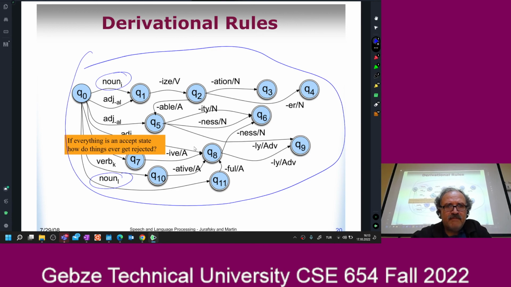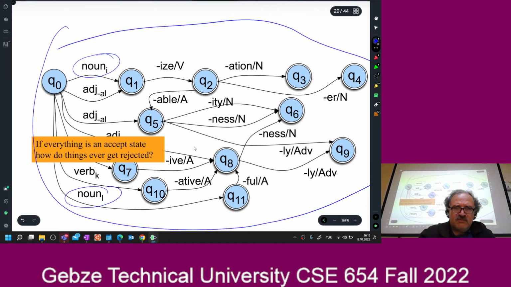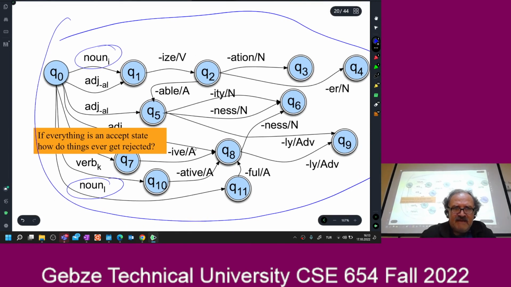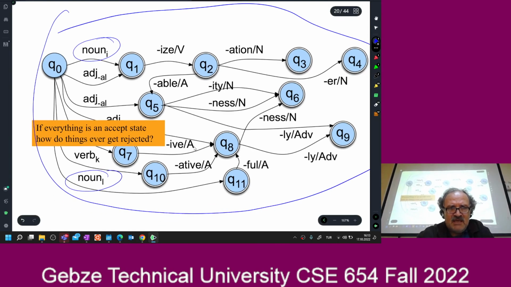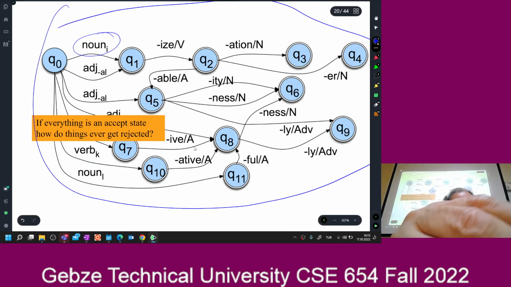Let's look at them. It says noun. Let's look at this one. Noun I, verb K, noun L. What do they mean by noun I and noun L?